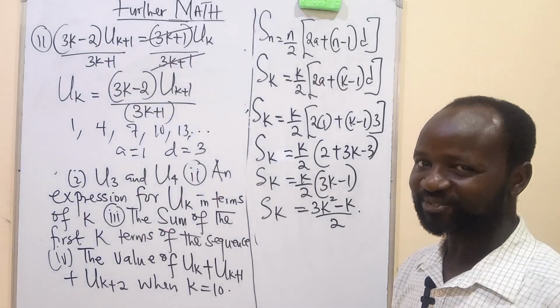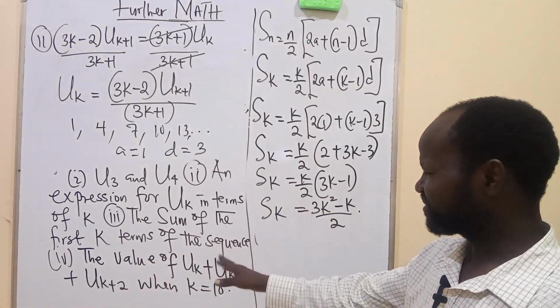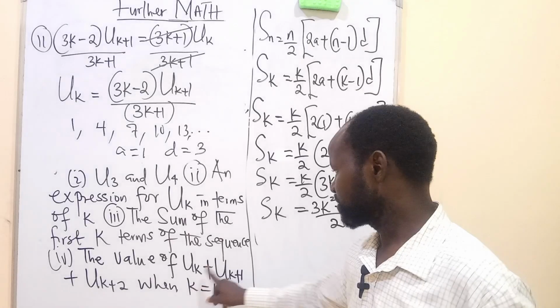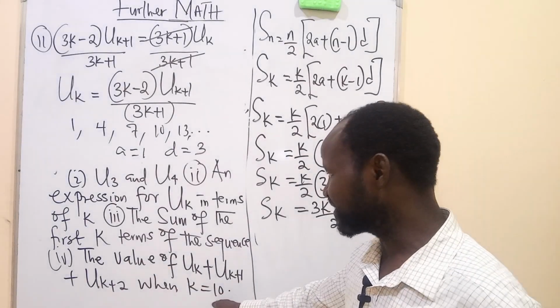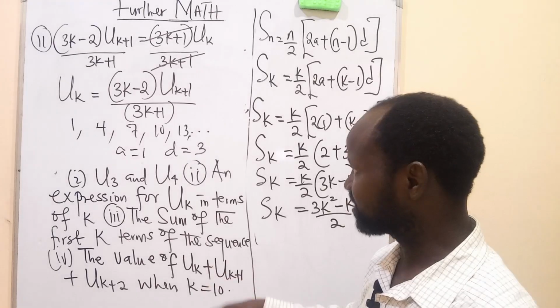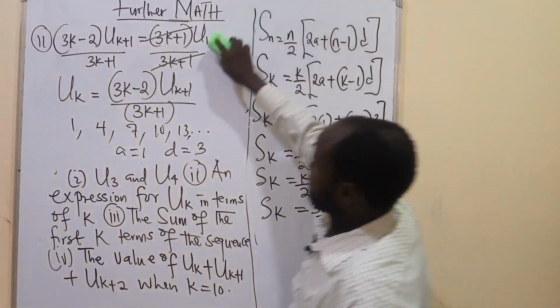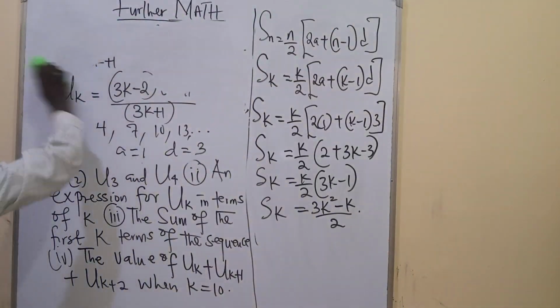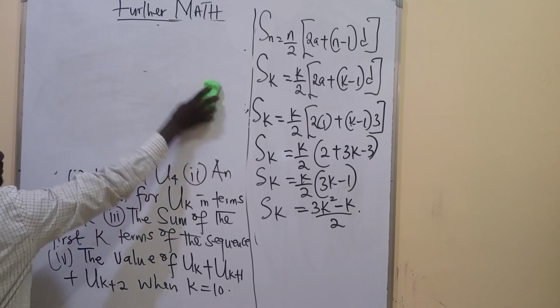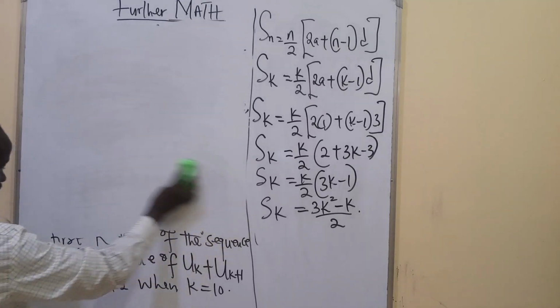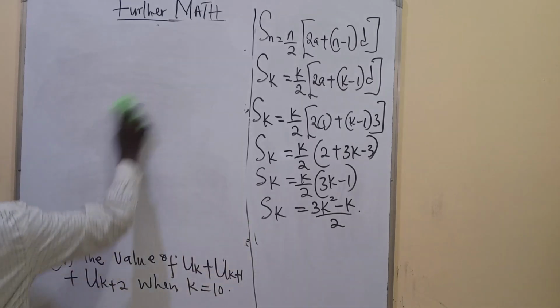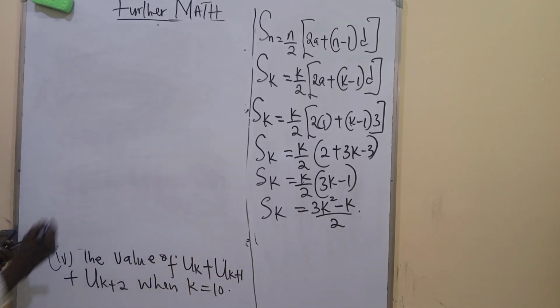The last but not the least, we are asked to find the value of k times plus k plus 1 times plus k plus 2 times when k is 10. When k is 10, let's substitute. So we are solving Roman numeral 4 now, which is the last part of this question. Let me clean up to this point so that we can have enough space.